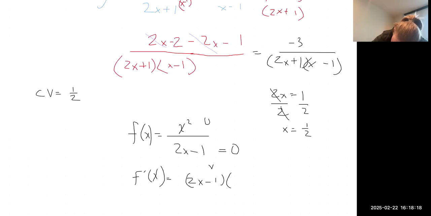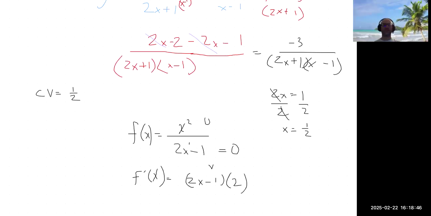Oh, wait, it is x to the first power, but the derivative isn't 1. It's x to the 0, and x to the 0 is 1. So 2 times 1 is what we get there.